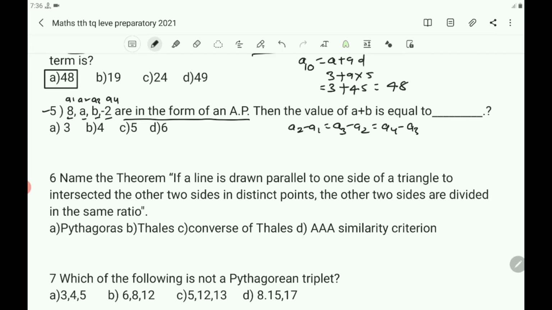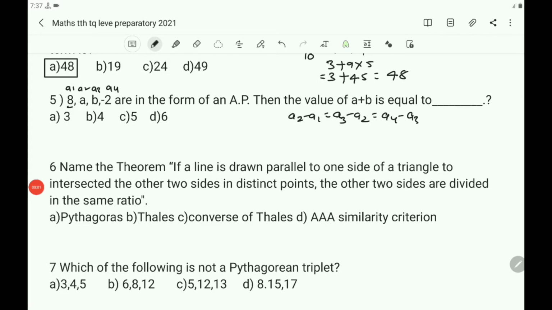Now here let us use the relation having these two and these two. If you use a3 minus a2, you will get b - a. So here you take a2 - a1 = a - 8, which equals a4 - a3 = -2 - b.